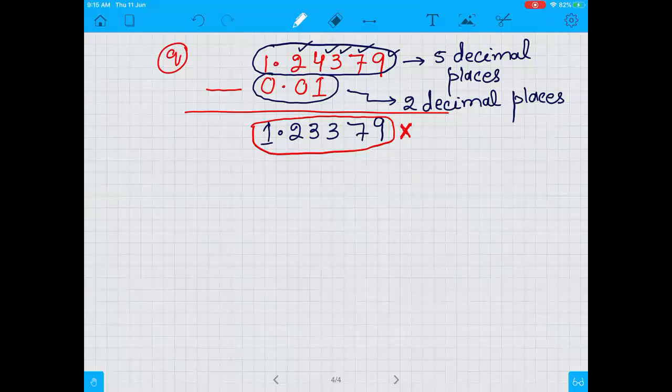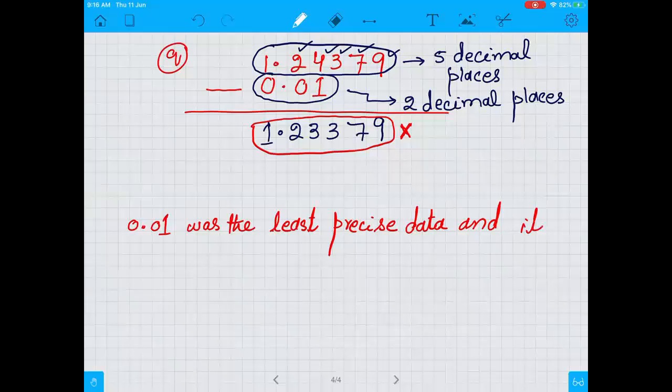So out of the data values, 0.01 is the least precise data, and it has only 2 decimal places.